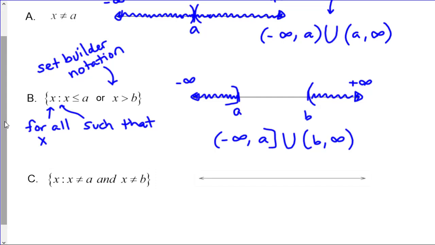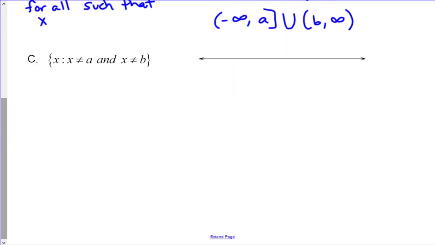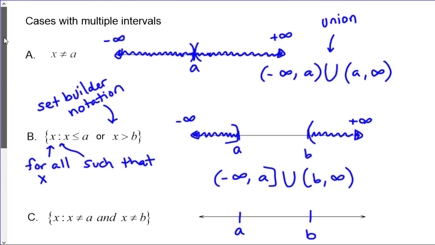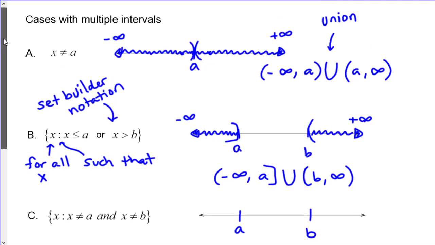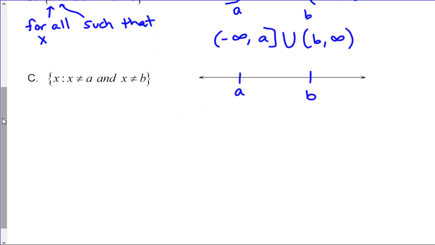Now, the last situation we're going to look at here, again, I have set builder notation, but it's all the values of x such that x does not equal a and x does not equal b. So I have all the values except for a and b. In order to make that happen, I am going to do the same thing that I did in the first situation. So two sets, kind of just skipping the values a and b, but it'll look like this.